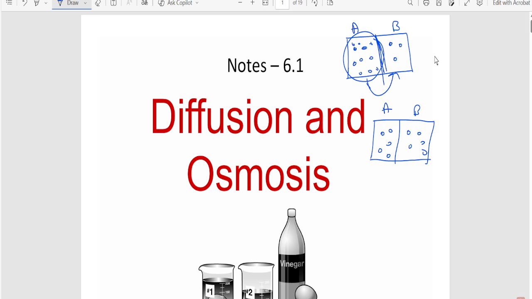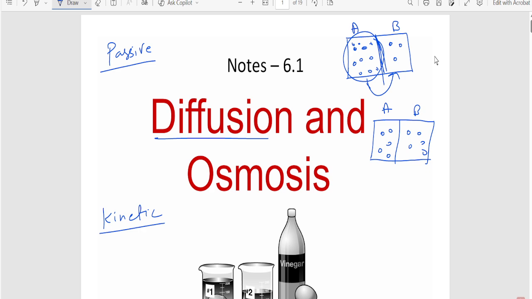Diffusion is called a passive process. Passive means it does not require any energy or any force. It moves because of the kinetic energy of the particles. Kinetic energy means movement.